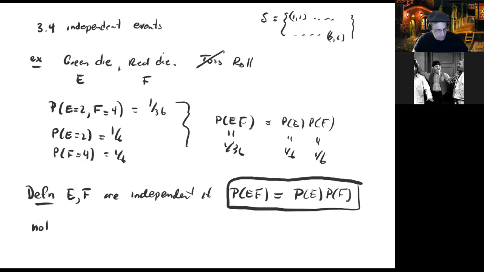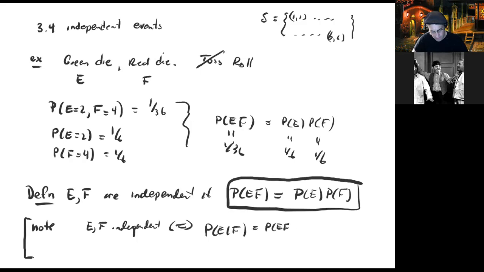Note, and the book doesn't make note of this until later, I think, but I'm going to note it now. If E and F are independent, then actually it's if and only if, so there's no if here, then the probability of E given F, which is of course the probability of EF over the probability of F, is going to be given by the probability of E times the probability of F over the probability of F. And we get cancellation.